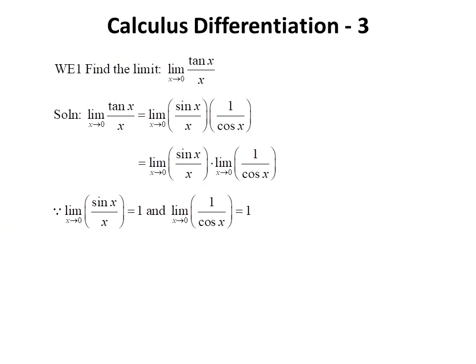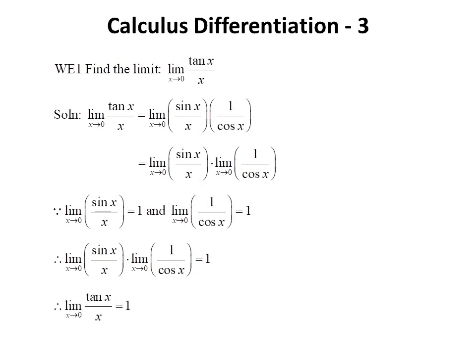According to the product property of the limit, it can be written to the limit of sine x over x as x approaches 0 times the limit of 1 over cosine x as x approaches 0. Since the limit of sine x over x as x approaches 0 equals 1, and the limit of 1 over cosine x as x approaches 0 also equals 1, so the limit of tangent x over x as x approaches 0 equals 1.